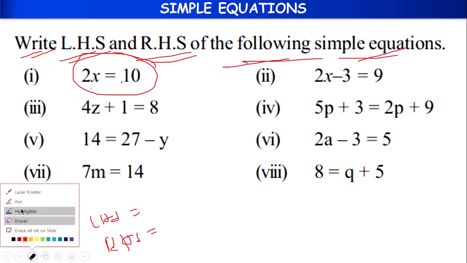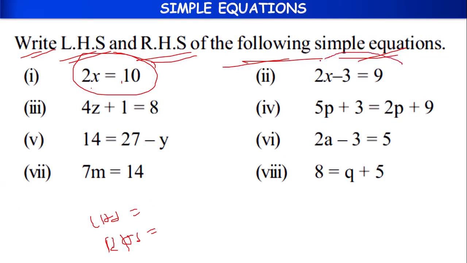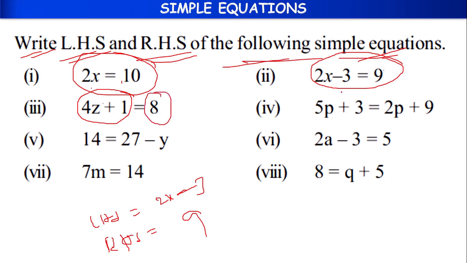If you see the second question, 2x minus 3 equal to 9. What is LHS? LHS equal to 2x minus 3. What is RHS? 9. What about the third question? LHS 4z plus 1, RHS 8. LHS 5p plus 3, RHS 2p plus 9.